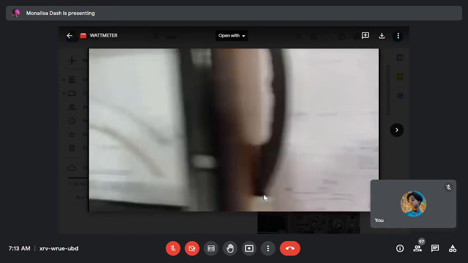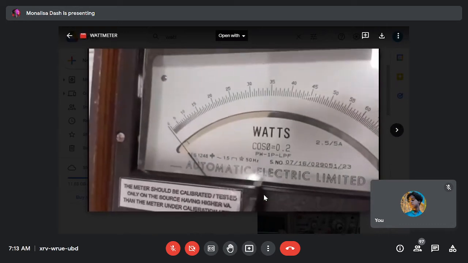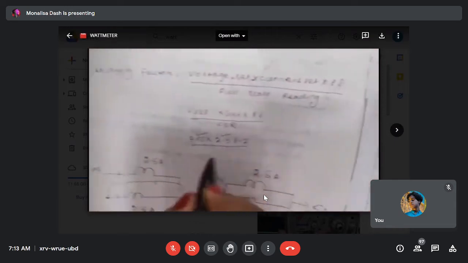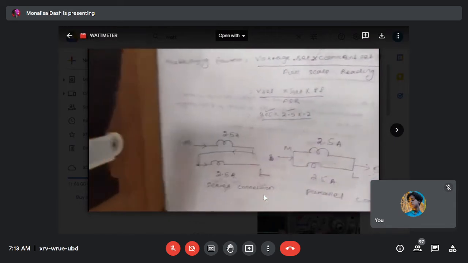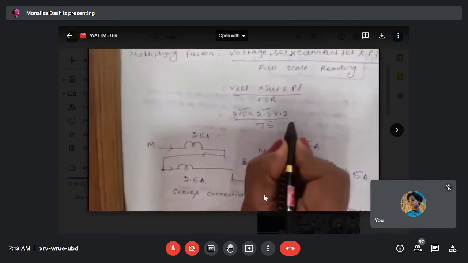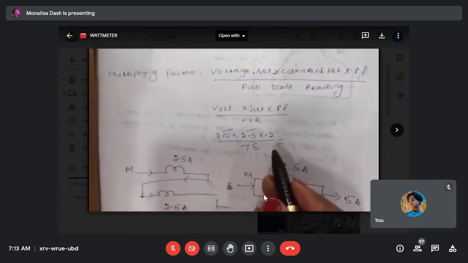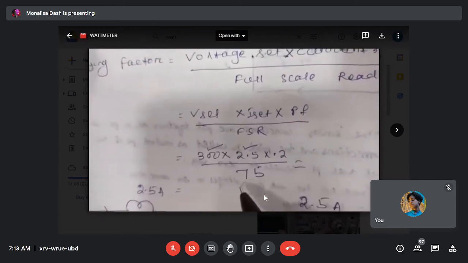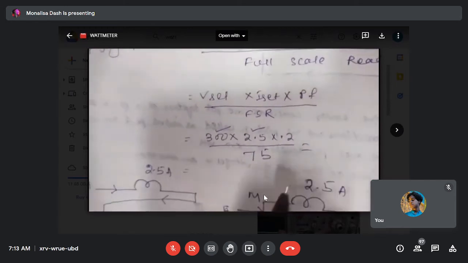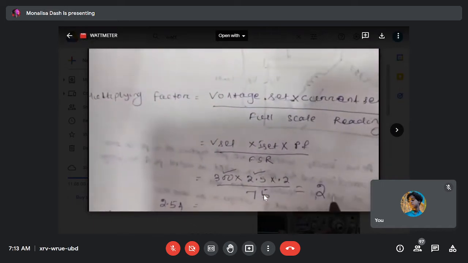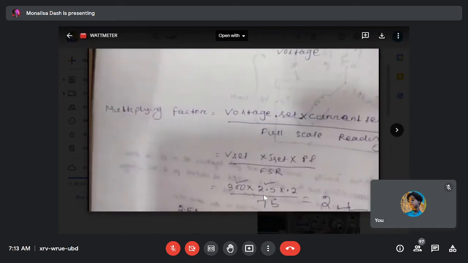The power factor, as I already mentioned, is LPF type, so it is 0.2. And the full scale reading here is 75. So 300 into 2.5 into 0.2 divided by 75 gives 2. So this is the multiplying factor.